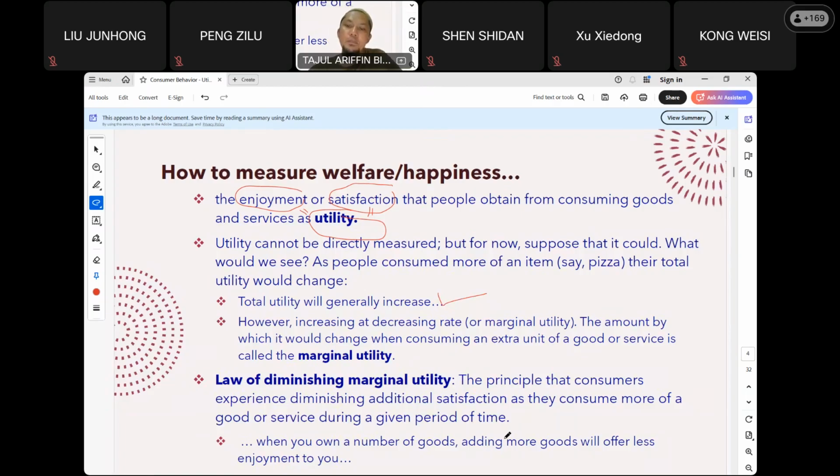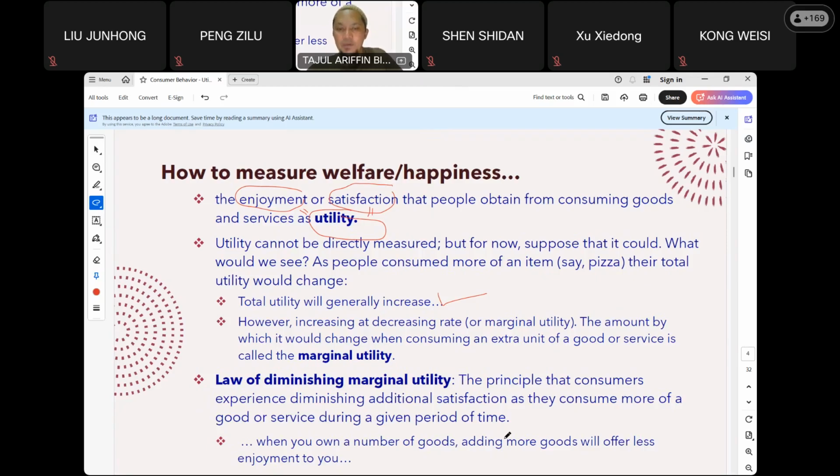Now, increase is one thing in total, but as more units are consumed, let's say pizza. First pizza, you very much enjoy. Second pizza, yes, still very enjoying. But the third pizza, you still enjoy, but not very much.